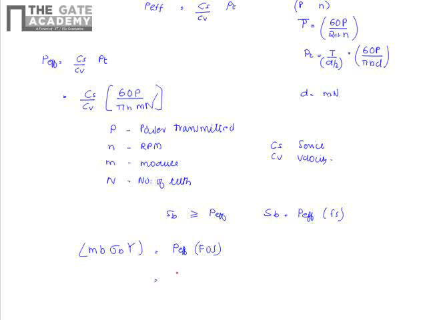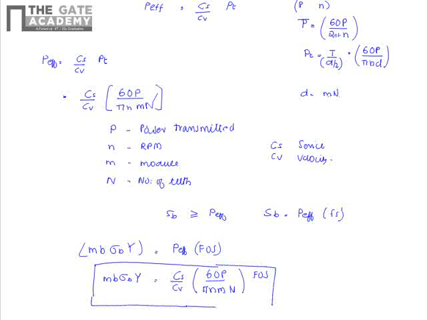That we have already found out. CS by CV into 60 P by pi N M capital N into factor of safety should be equal to MB sigma B Y. So from this relation we can find out what will be the module of the gear tooth. We can find out what should be the module for this mating gear system.